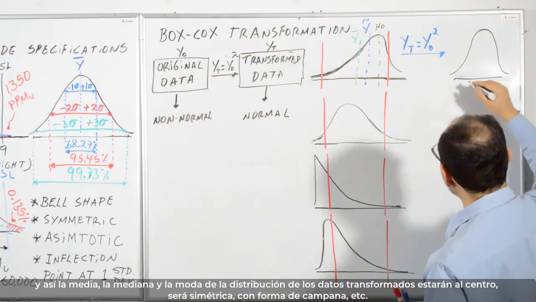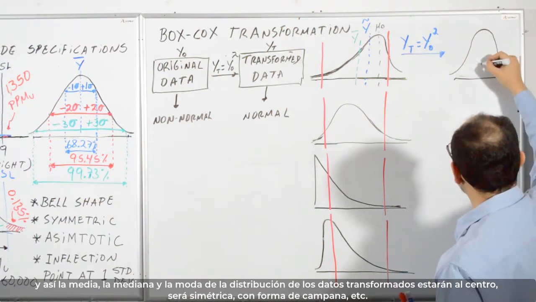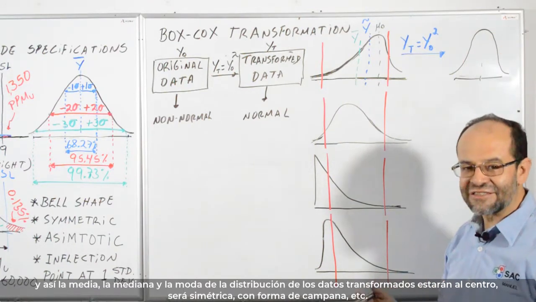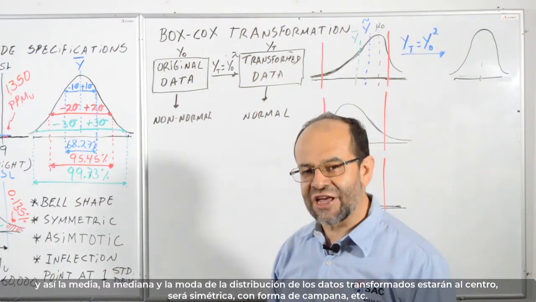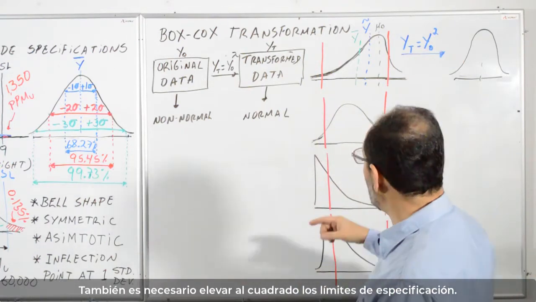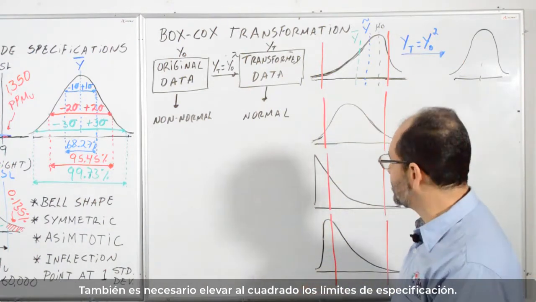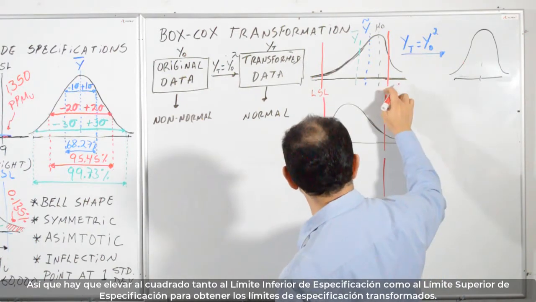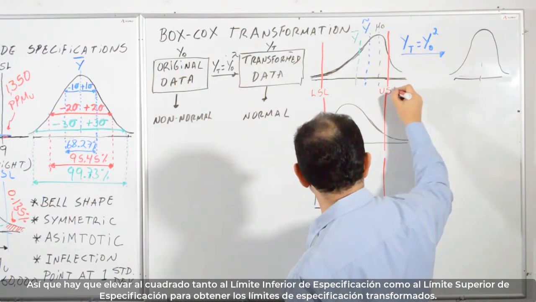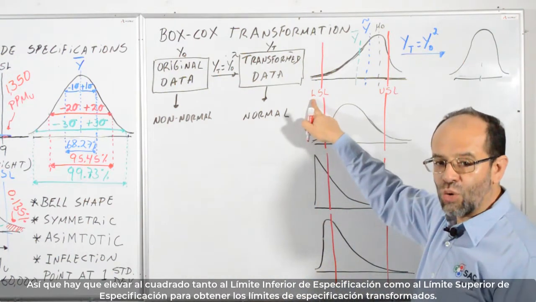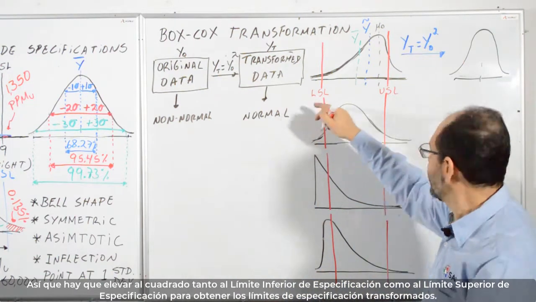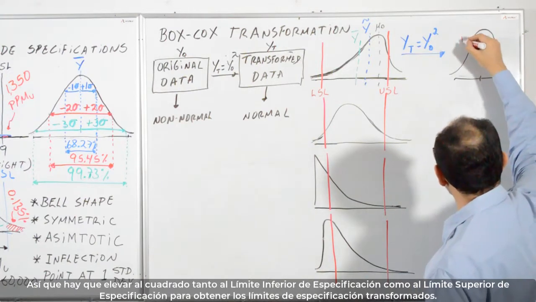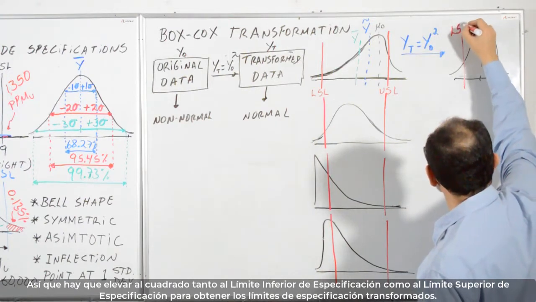And if you do that, then very likely it will become a normal distribution now. The mean, the median, and the mode are at the center. It is symmetric, bell-shaped, etc. Also, what you have to do is square the specification limits. Keep in mind, this is the lower specification limit, this is the upper specification limit. You square the lower specification limit and you will have the squared lower specification limit.